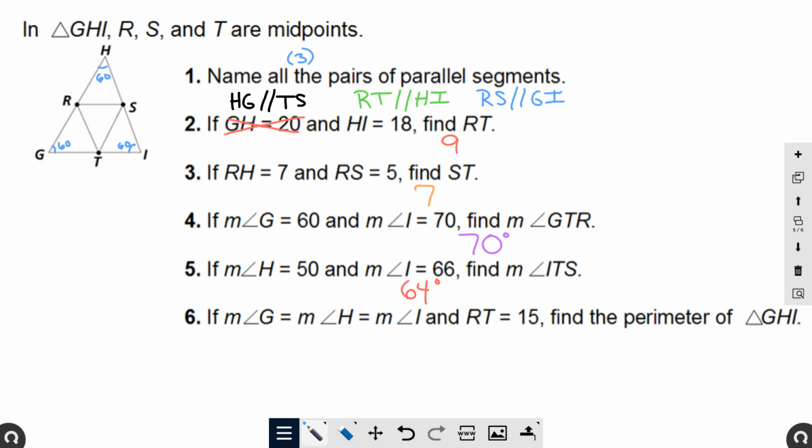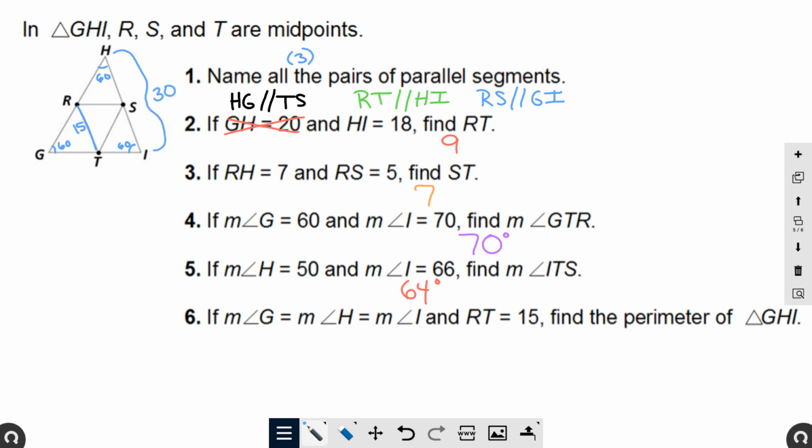So, RT is how much? 15. This segment right here is 15, which means what? Now we're back to thinking about segments. The length of that segment is like 15 inches or 15 centimeters. HI is 30. That parallel side is double.